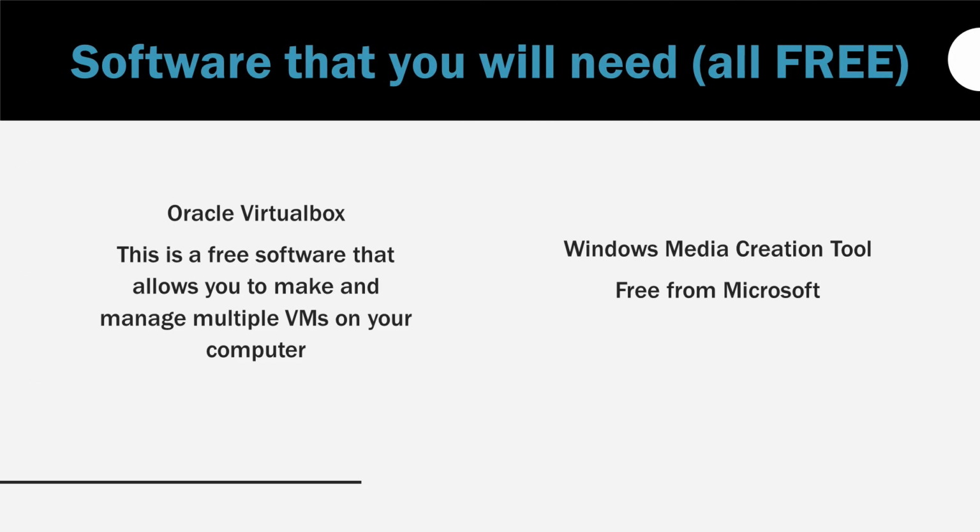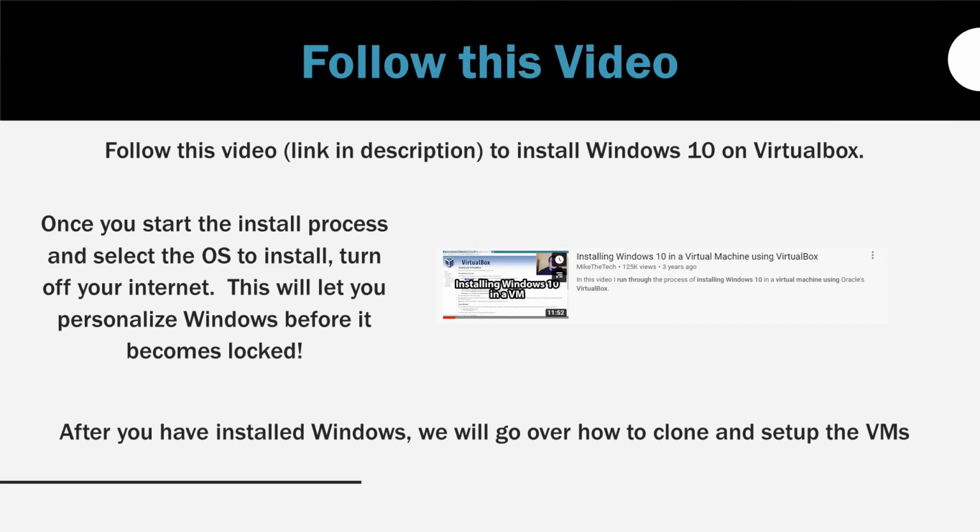Then you're going to need the Windows Media Creation tool, which is free from Microsoft, which basically allows you to download the operating system, make a bootable ISO file, and install Windows. So when you're ready to install your first VM, I'm going to have you guys go to a different video to watch how this guy does it, because he explains it all very well.